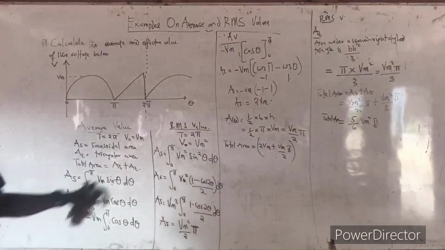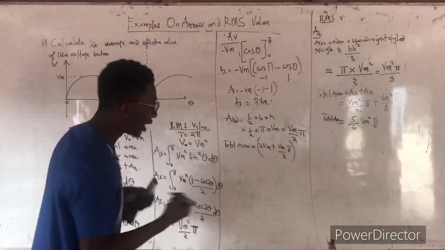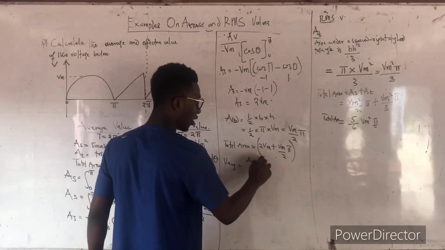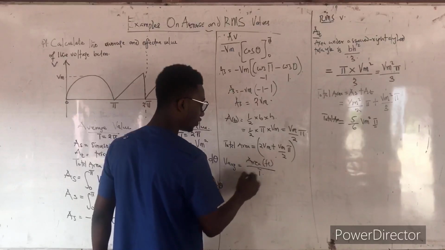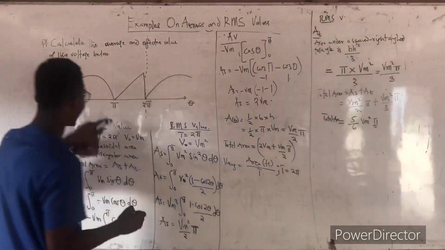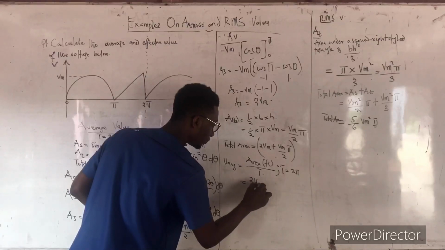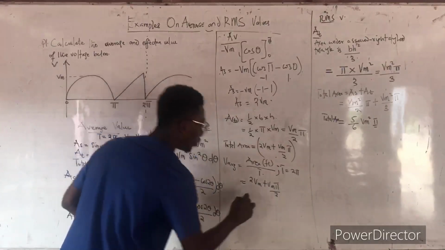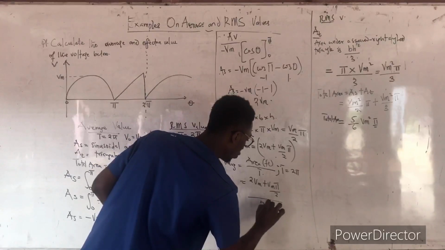Okay, so now what do you do again? Since you have the total area, we come back to the average value. To find the mean average, it's simply the area under the function divided by T. And our T here is 2 pi. So therefore you put this 2 Vm plus Vm pi on 2, all divided by 2 pi.